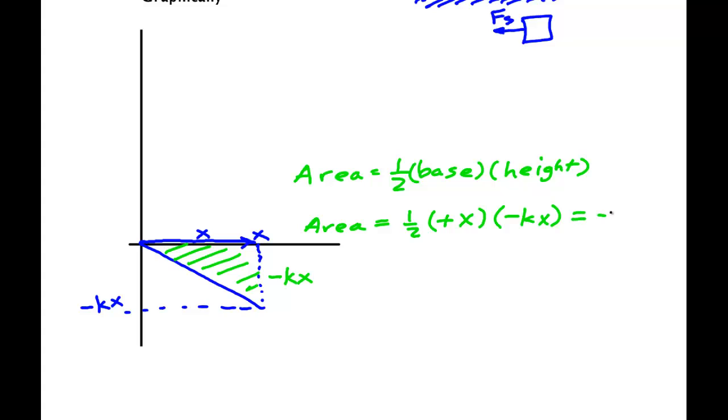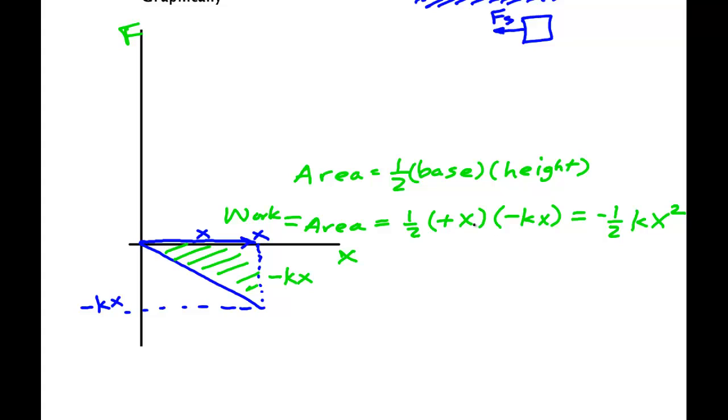This gives us minus 1/2 kx squared. And this is equal to the work. So the work on this force can be found by simply plotting a force versus position diagram, and we don't have to add up little rectangular boxes. We recognize this shape as a triangle and we can find it.